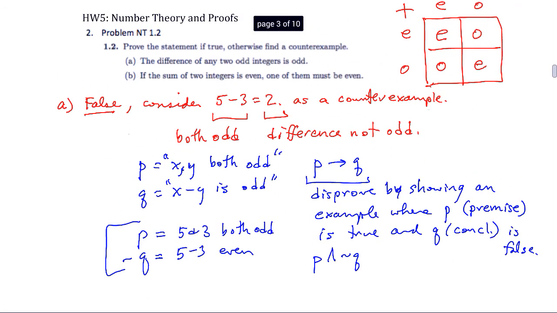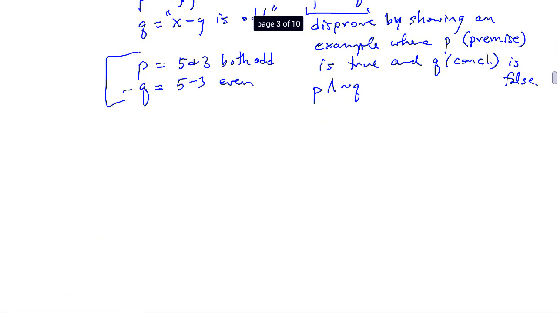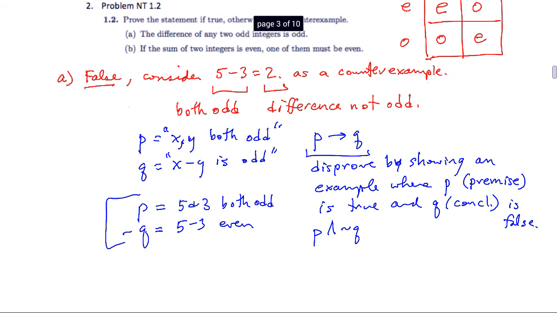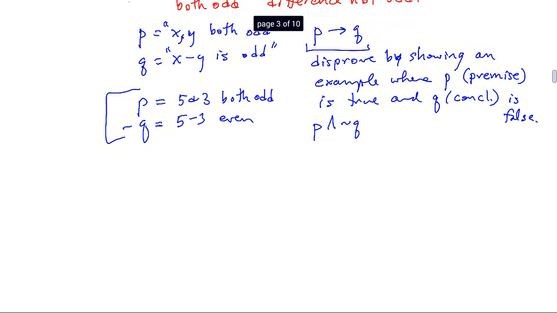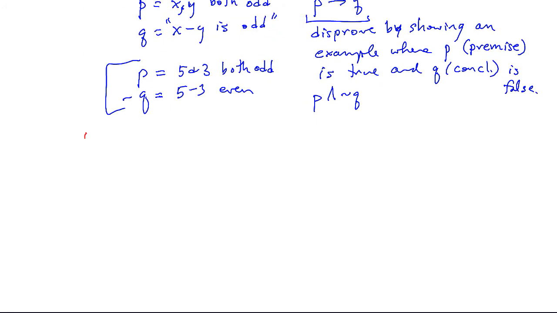For part B, if the sum of two integers is even, then one of them must be even. Let's solve that one a little bit further down here. Let's say false, and we're going to provide a counterexample. Same one.